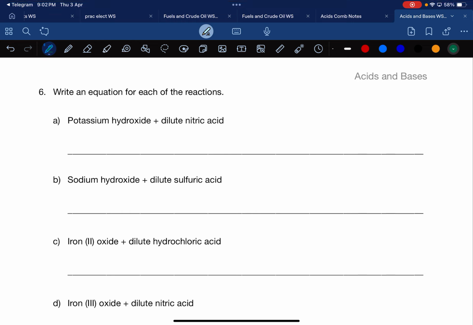Firstly, we went through 3 reactions that acids undergo, correct or not? We have metal plus acid, we have carbonate plus acid, and we have base plus acid. This whole page falls under which category? 1, 2, or 3? Darren? Is it metal plus acid? Is it base plus acid? Or is it carbonate plus acid?